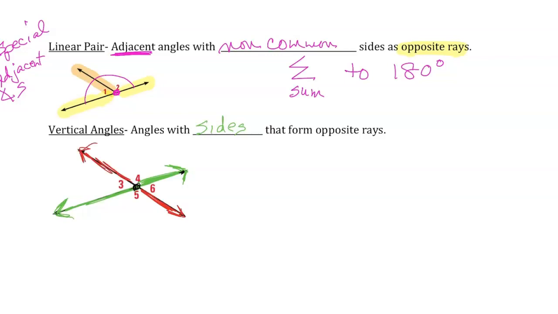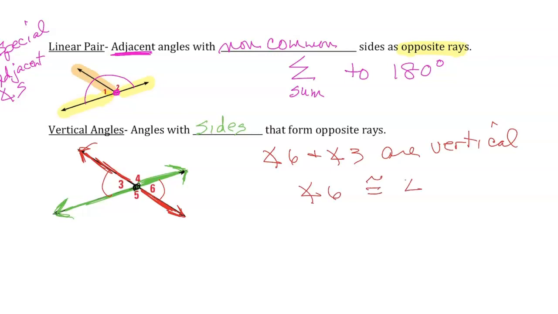So angles that are formed by opposite rays, such as angle 6 and angle 3, are vertical. Angle 6 and angle 3 are vertical. And really, really important, because they're vertical, angle 6 is congruent to angle 3.